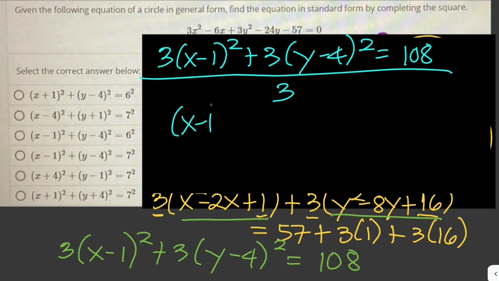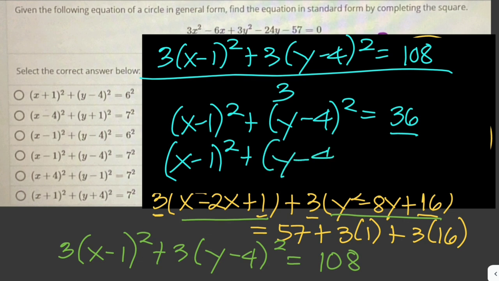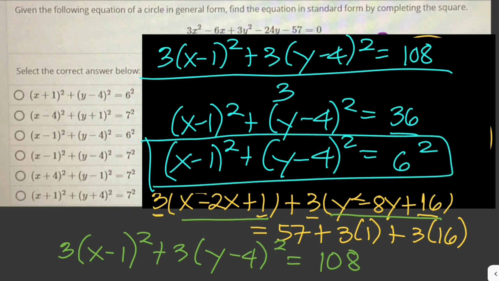And we have x minus 1 squared plus y minus 4 squared equals 36. We can write this in the standard form with a radius: x minus 1 squared plus y minus 4 squared equals 6 squared. So this is now our equation in its standard form. So the answer here is the third one.